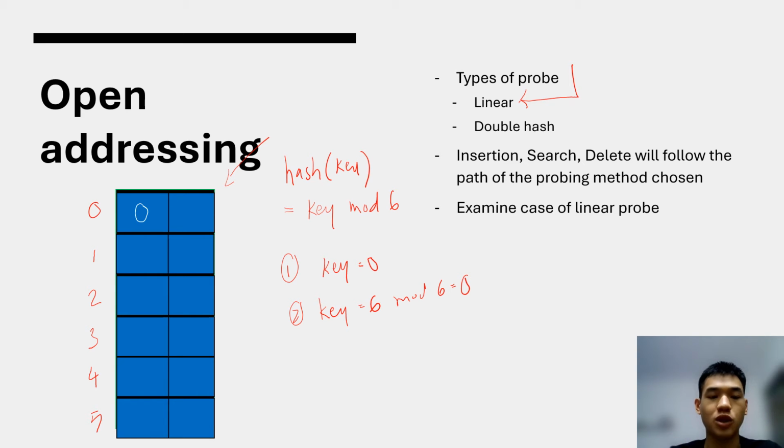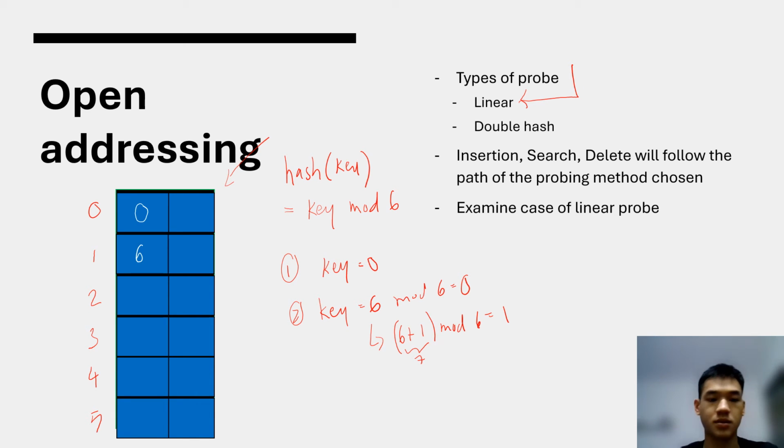We need to look for an alternative location for key 6. When we do linear probing, we add 1 to the value of the key and then apply the same modulo. So on linear probe, we do 6 plus 1, which is 7, mod 6, and we get 1. Key 6 will be mapped to hash slot 1.